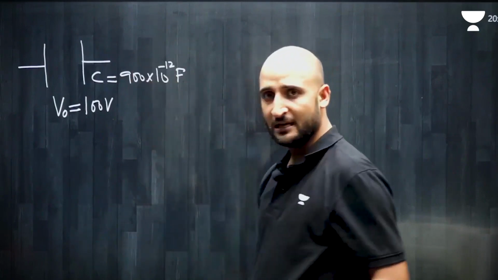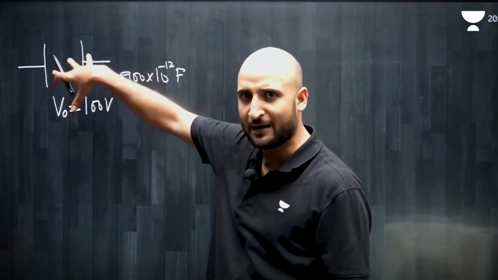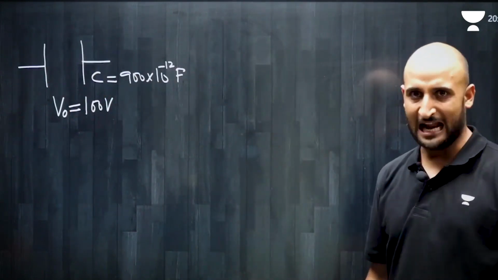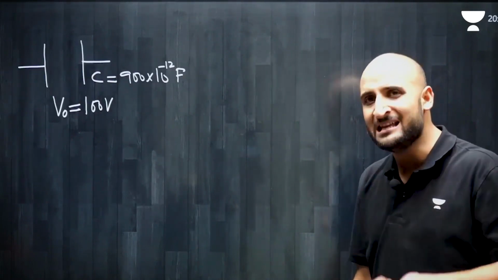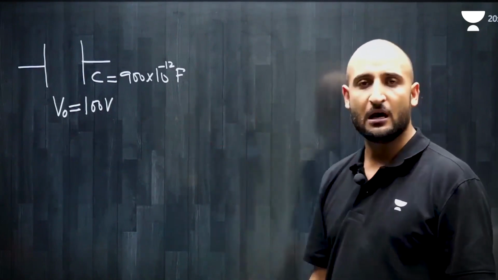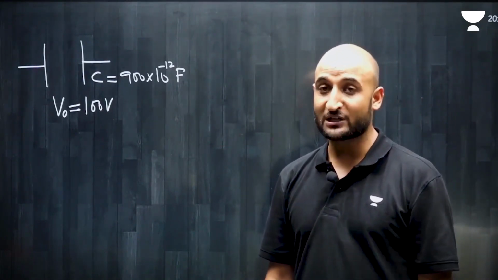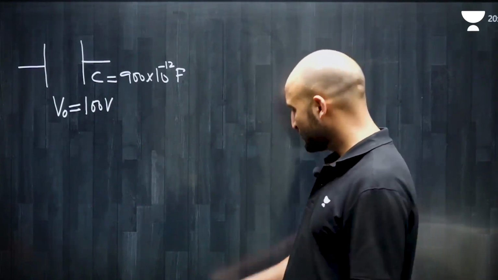Capacitance is given. Now you are connecting this charged capacitor with an identical uncharged capacitor. That means another capacitor is uncharged but identical, meaning the capacitance of that capacitor is also 900 picofarad. And then the question asks what will be the energy stored by the system. So the situation goes like that.